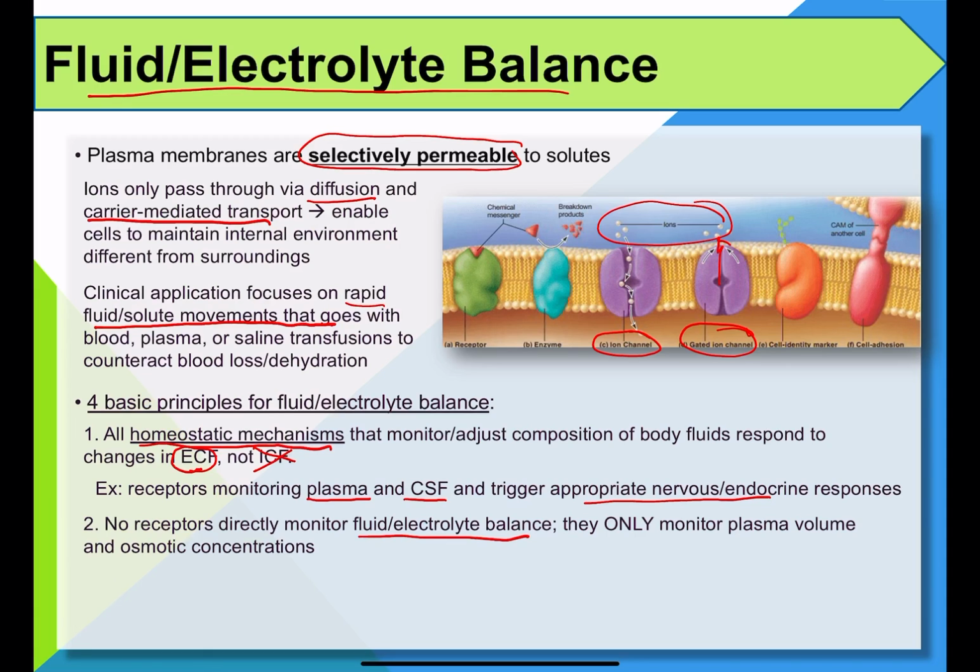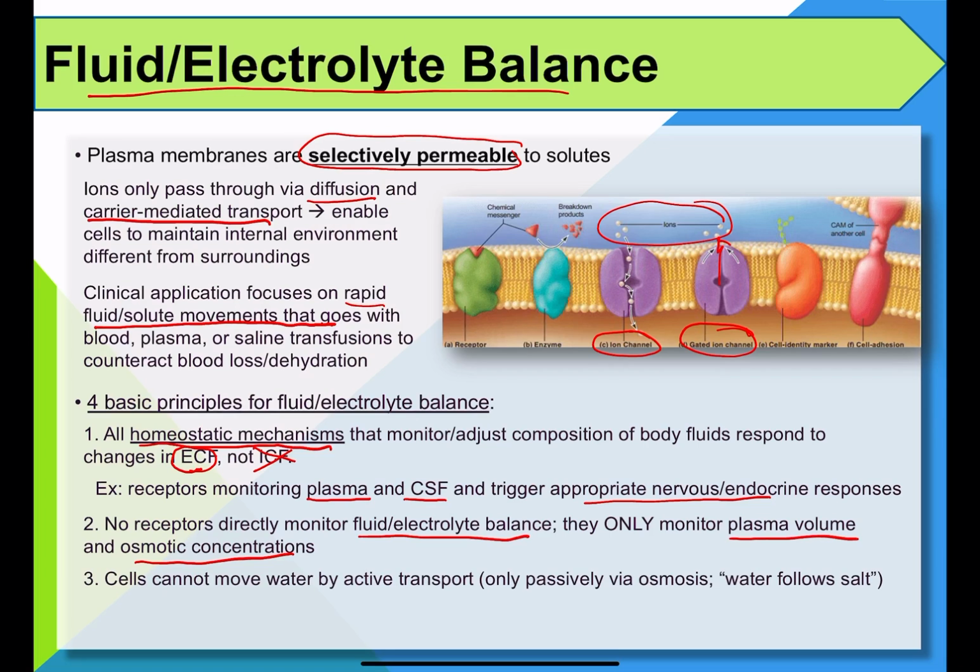So the only thing that can be monitored in your body is plasma volume and osmotic concentration. That's what we're relying on in your body to make sure that there is a balance of fluid and electrolytes. So that's why osmosis is a critical point when we think about fluid and electrolyte balance.